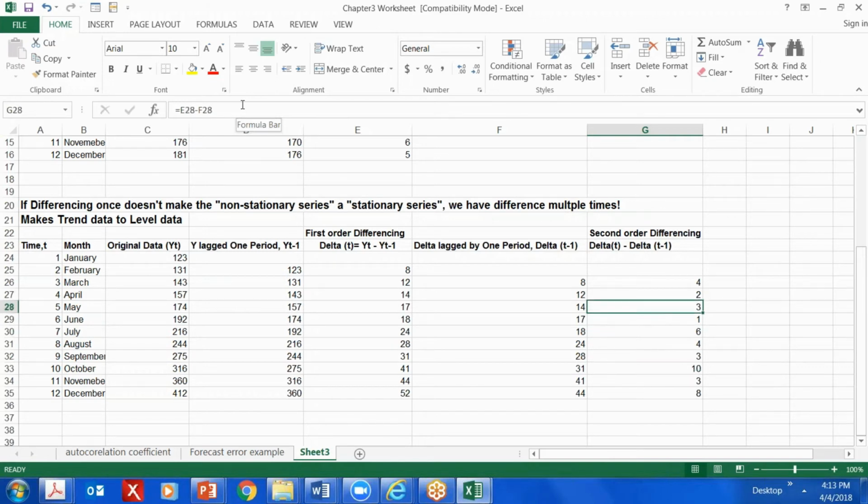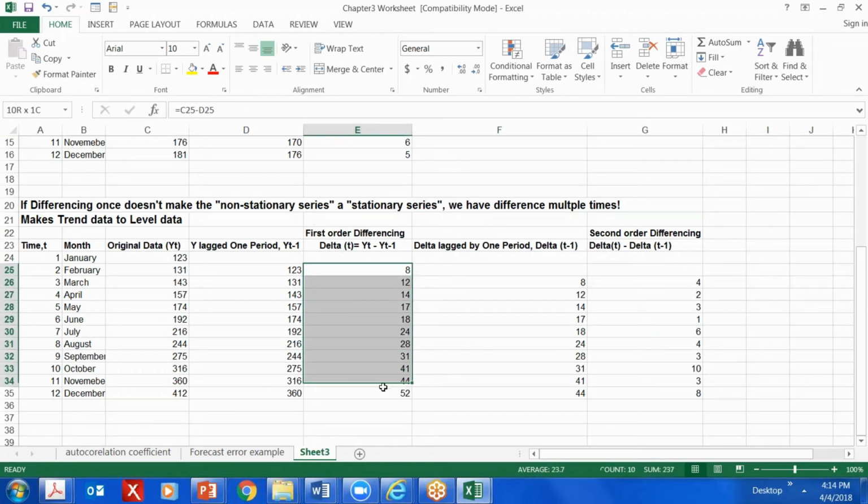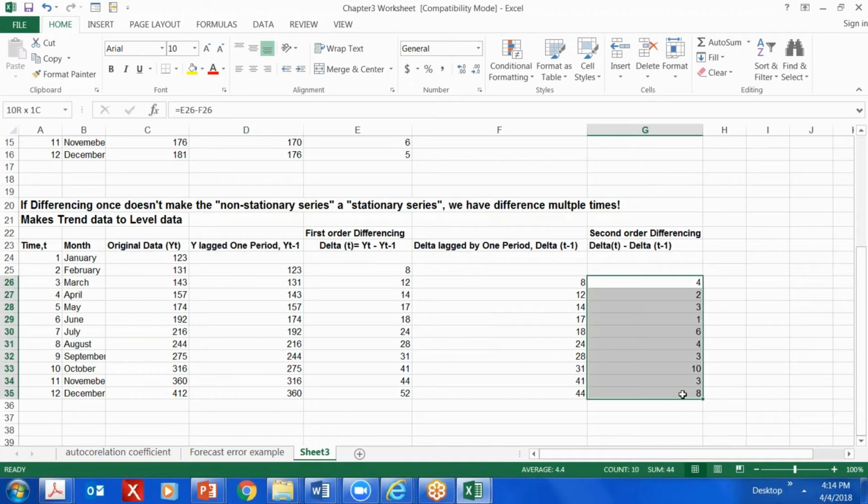As you can see, this data more or less has a level pattern, moving around an average. Clearly, compared to the trend we have here, with the second order differencing that trend has been removed and we have moved to a stationary time series.